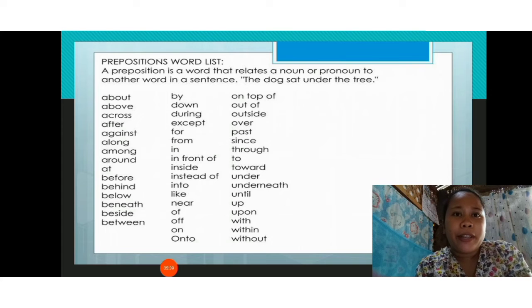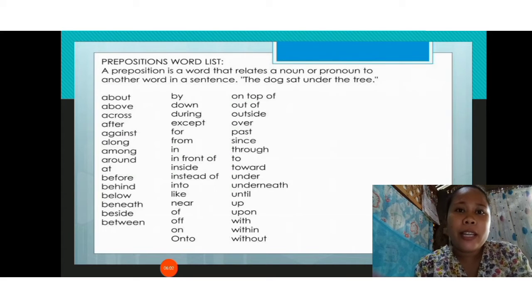And I have here a prepositional word list. A preposition is a word that relates a noun or pronoun to another word in a sentence. For example, the dog sat under the tree. We have the dog, our subject. We have sat as our verb. And we have a preposition word, under.